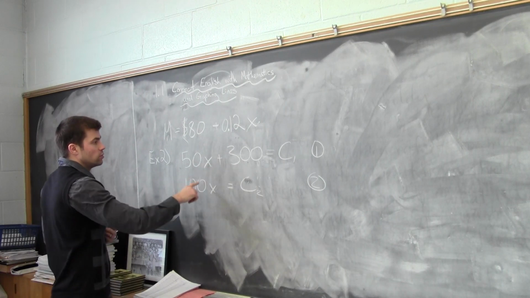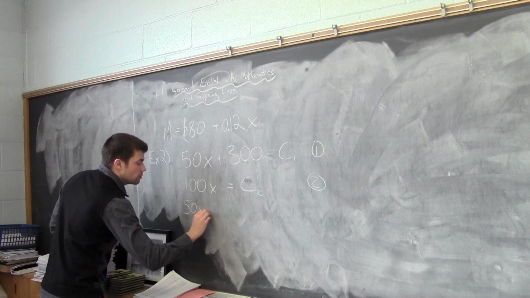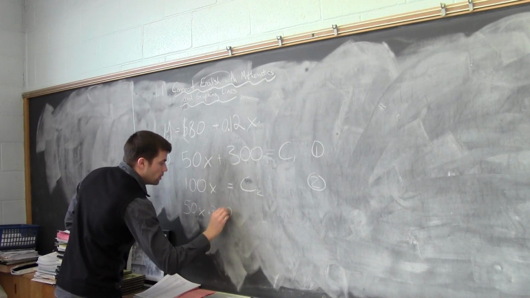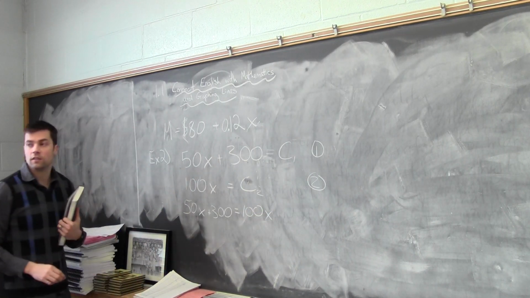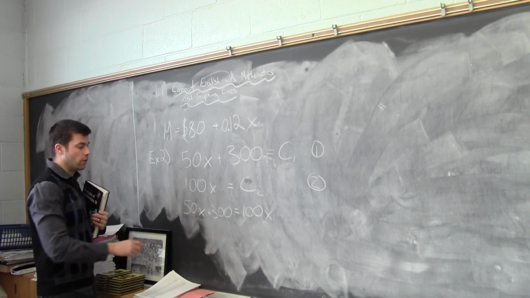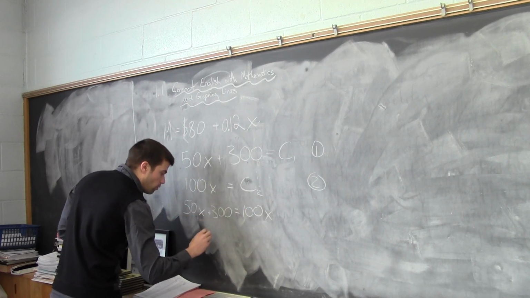Okay, so we set these two equations equal. So we're going to end up with 50x plus 300 is equal to 100x. Now we want to isolate for the unknown, for the variable x in this case. So we're going to move this 50x over the equal sign.